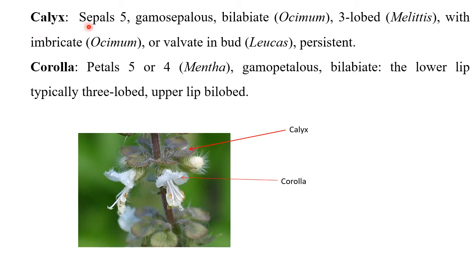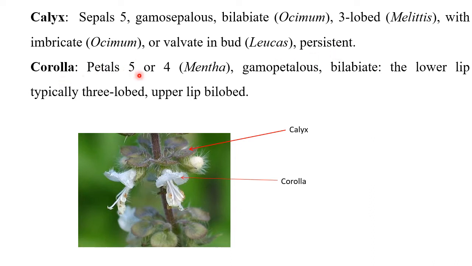Then calyx, sepals are 5 in number. They are gamosepalous. It is bilabiate in Ocimum, three-lobed in Melilotus, with imbricate or valvate aestivation in bud condition, and it is persistent.